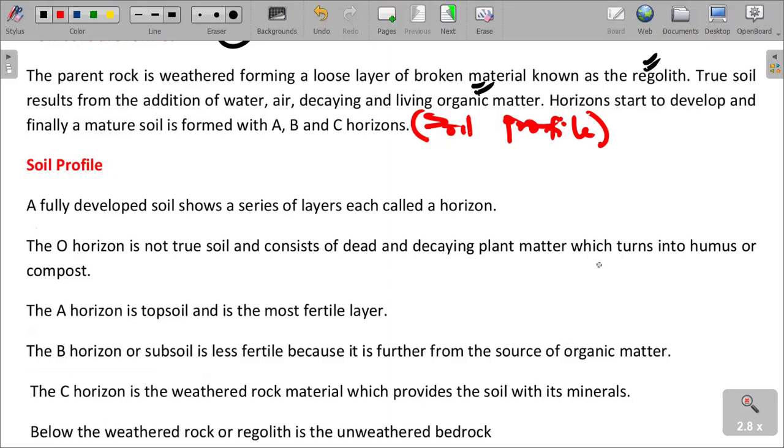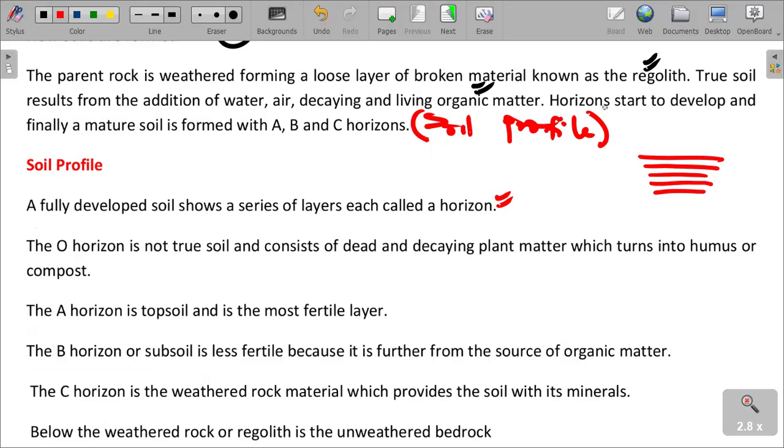A fully developed soil shows a series of layers, each called a horizon. When organic matter dies, it accumulates over the earth, and these accumulations form layers that can also be acted upon by microorganisms.